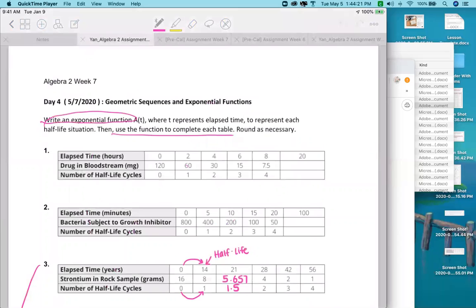I'll write the formula up at the top. A equals A sub 0 times 1/2 to the T over H. H is half-life. T is the time. And A sub 0 is the initial amount.